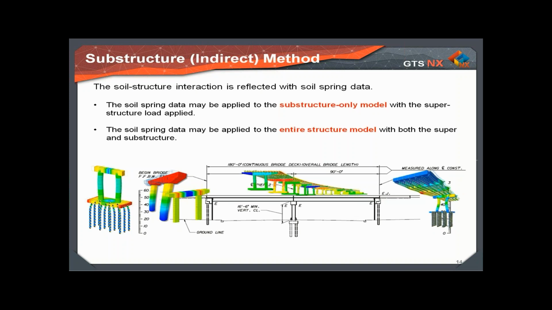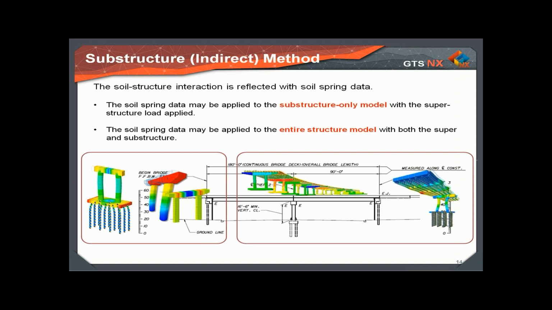However, when we have to consider soil structure interaction, it may affect the superstructure as well. Therefore, we have to understand that with these substructure only approaches, we are working with broken components of the whole system in reality, especially if we are dealing with seismic analysis. The second, the entire structure together approach, is more common and more accurate if an engineer is using an analysis tool such as MIDAS Civil or MIDAS Gen.